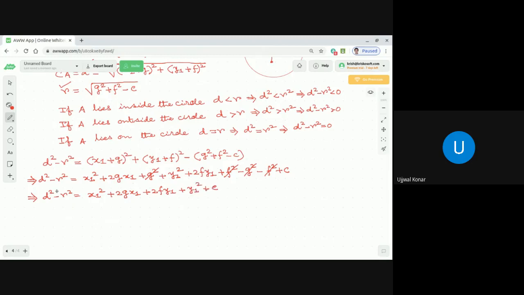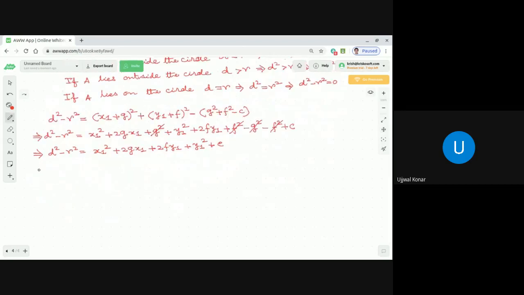Now this is a very important expression, and there is an easy way of memorizing it. You know the equation of the circle is x square plus y square plus 2gx plus 2fy plus c. Let me write it in a more proper manner, similar to the equation of the circle.